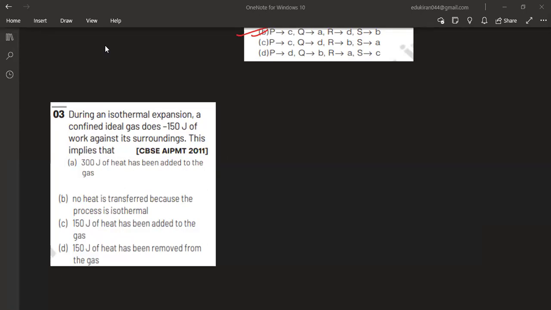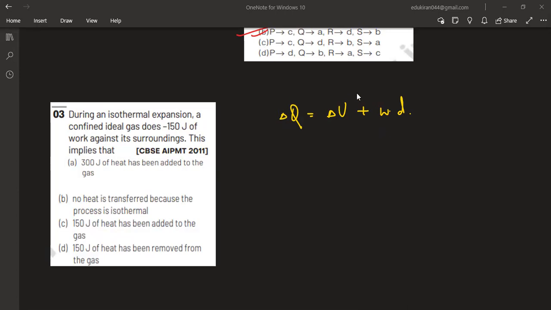So firstly, we have to find out the magnitude, and then whatever sign comes by default, we have to utilize. So if we apply the first law of thermodynamics, what was the first law? Delta Q was equal to delta U plus work done. What did delta U denote? Change in internal energy. All are energies.